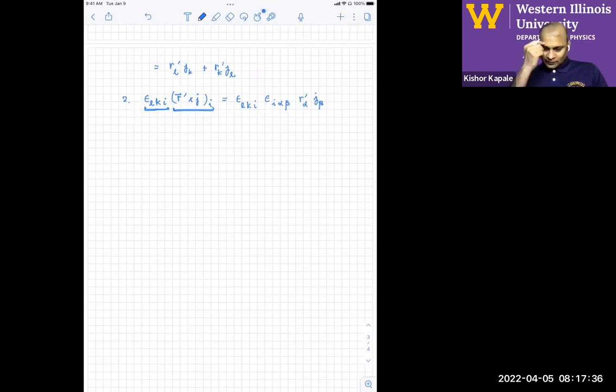Okay. Now, when you have a product of the Levi-Civitas, you want the first index to be the same. So that means we have to permute the indices here, and it's going to give you I, L, K. You need to preserve the order for the sign to be preserved. And so when you do that, we're going to get R alpha prime, J beta.